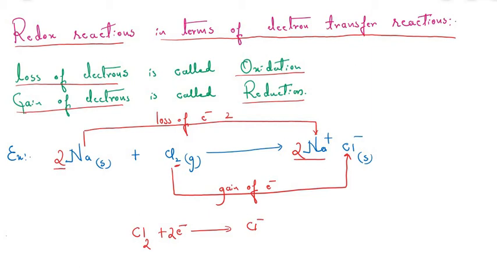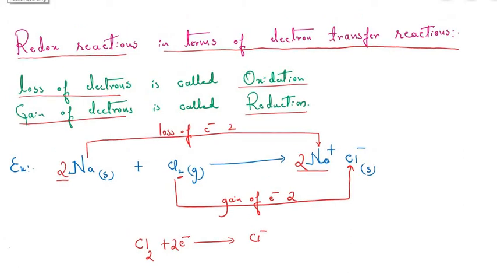So gain of electrons, again that also will be 2 itself. So in oxidation and reduction, the number of electrons lost should be equal to the number of electrons gained. Is it clear students? So I have to write here 2 Cl minus, right?